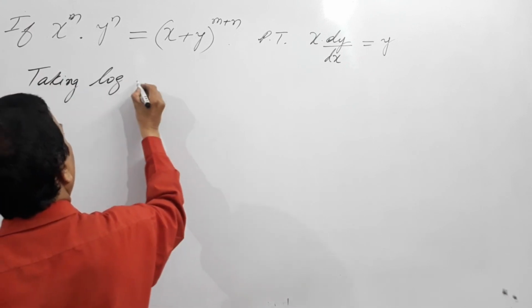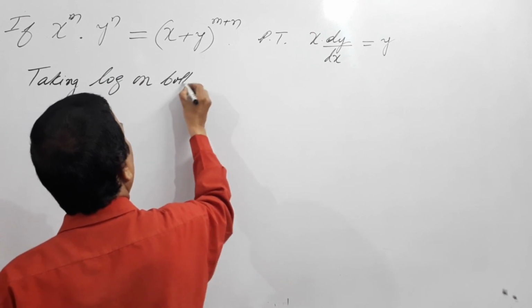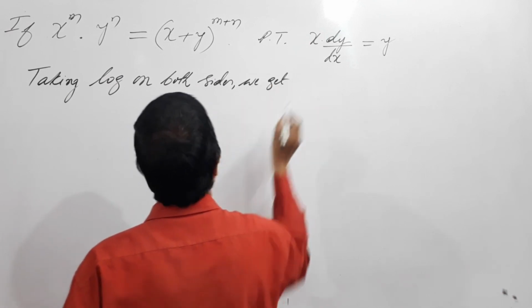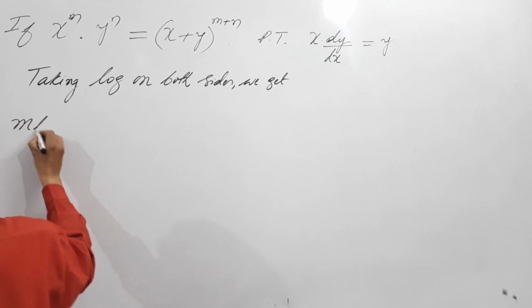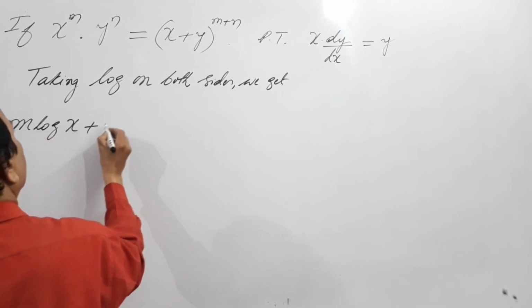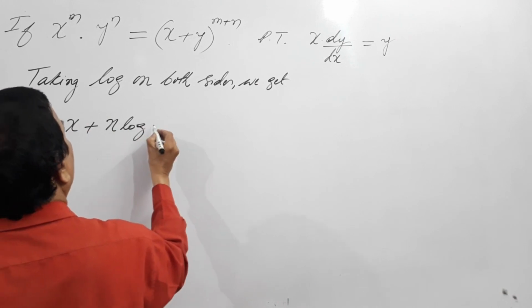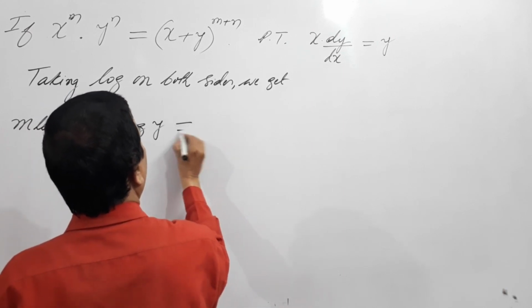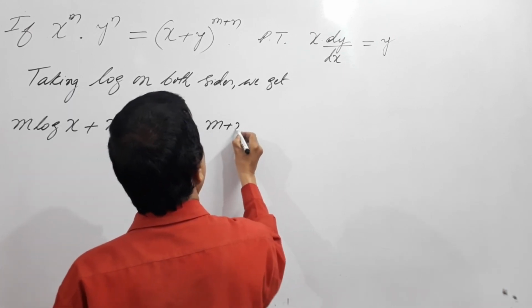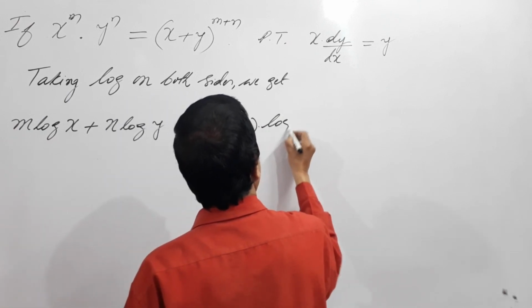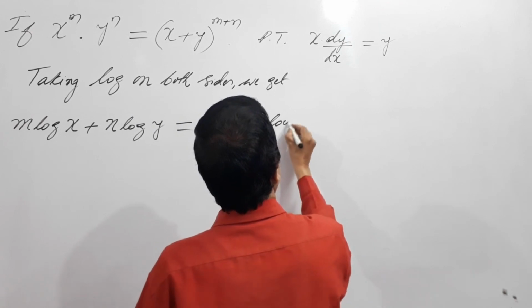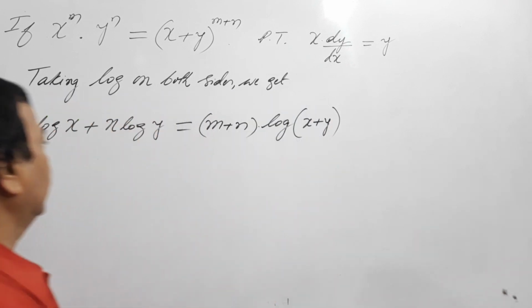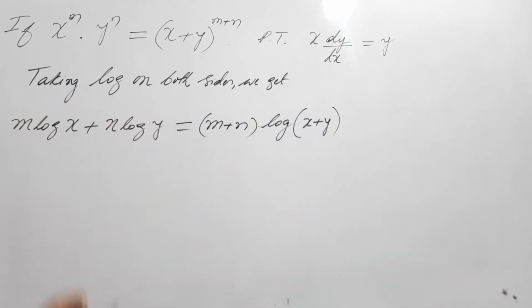Taking log on both sides, we get m log x plus n log y equals (m plus n) log (x plus y). So now after taking this, differentiate this equation.